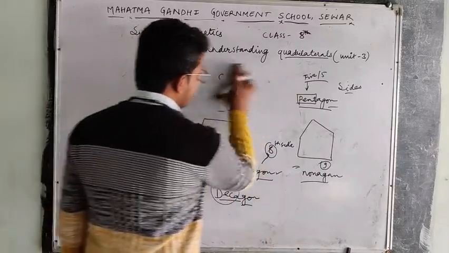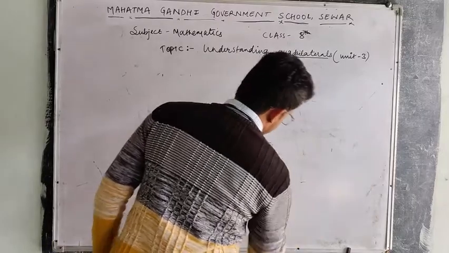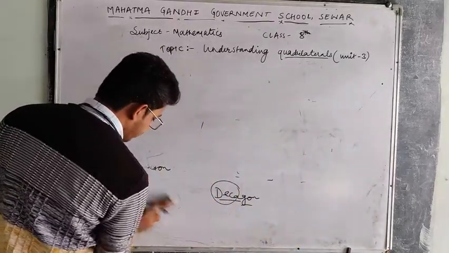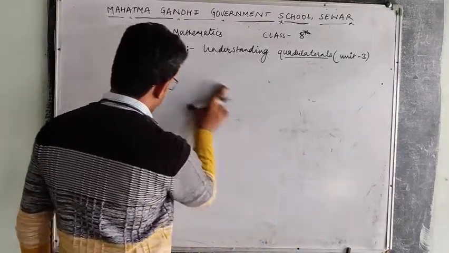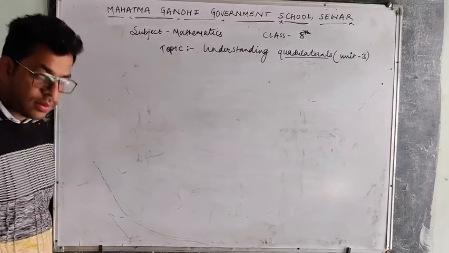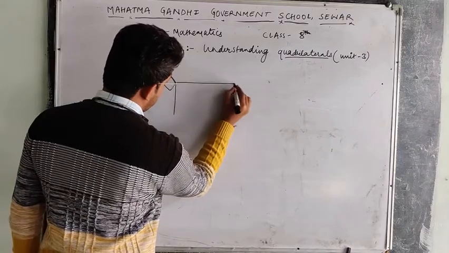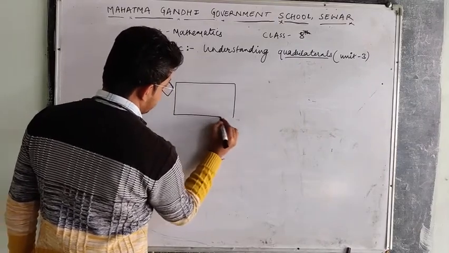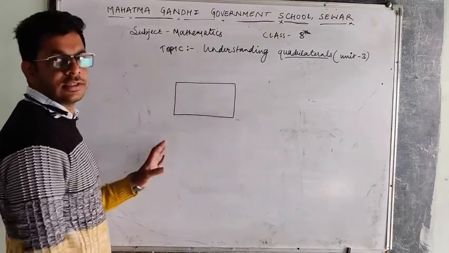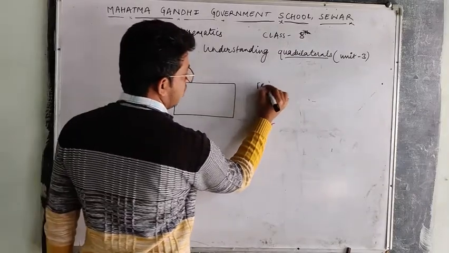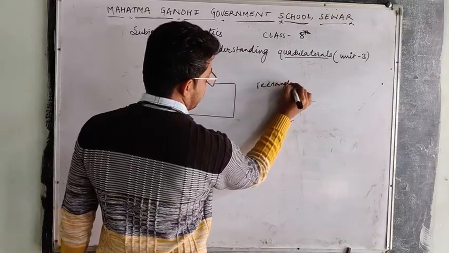Now we will see certain constituents of polygon structures. If I draw a structure, what is this? This is a structure of a rectangle.